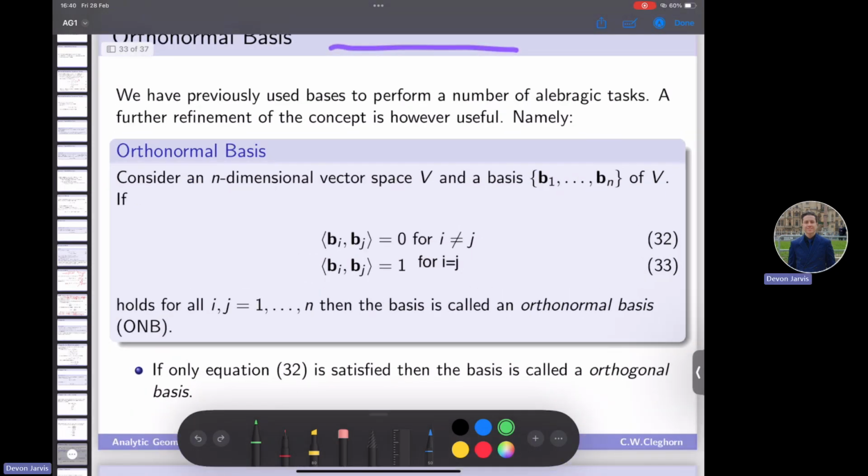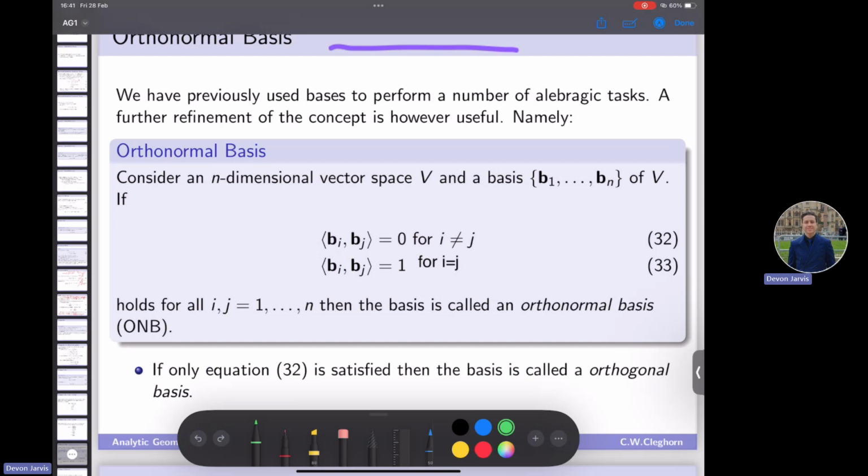And so we have previously used bases to perform a number of algebraic tasks. A further refinement of the concept is, however, useful, namely an orthonormal basis. So consider an n-dimensional vector space V and a basis b1 through bn of V. Then if any basis vector is orthogonal to the others, and when the indices match, the inner product gives you 1, then this is known as an orthonormal basis.